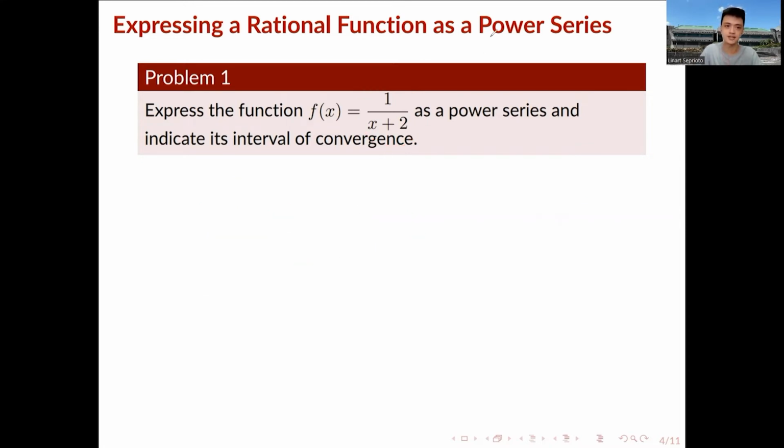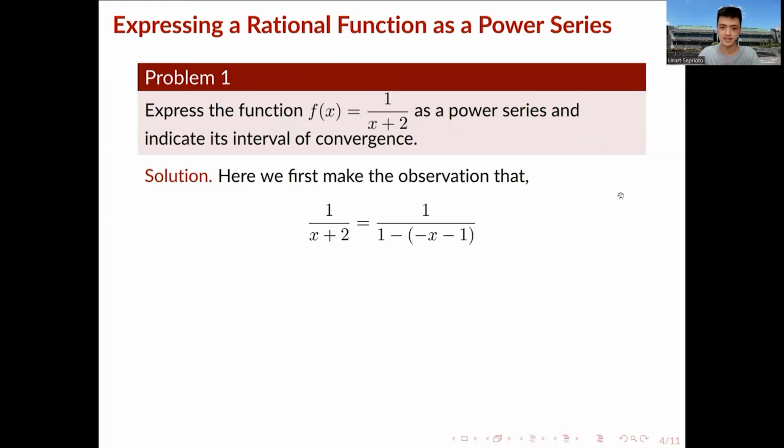So we need to figure out how to do that. For this part, it's a little bit fun because we're only doing algebraic manipulation. We want it to be of the form 1 over 1 minus something.